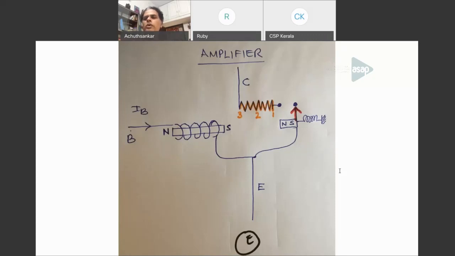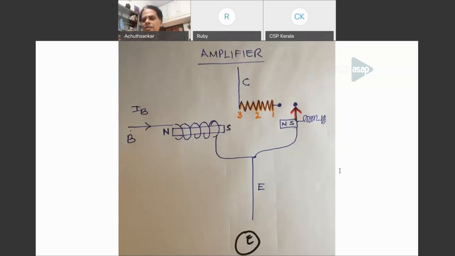And now you apply an AC signal. During its positive cycle, the pointer can slide from 2 towards 3. And during the negative cycle, it can slide from 2 to 1. That means the transistor is now capable of showing a variation for both positive and negative inputs.